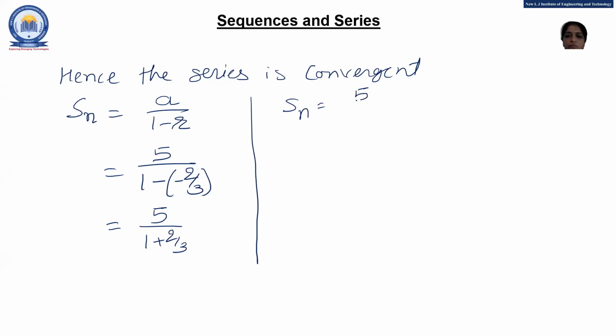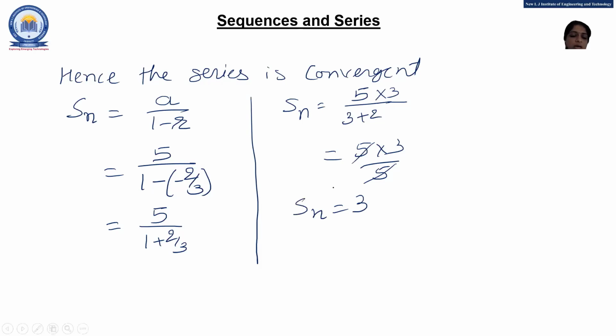So here 3 plus 2 upon 3, 5 upon 5 upon 3. So that 3 will go in the numerator. So 5 into 3 upon 5. Okay, so you are right. The Sn is 3. Very good.